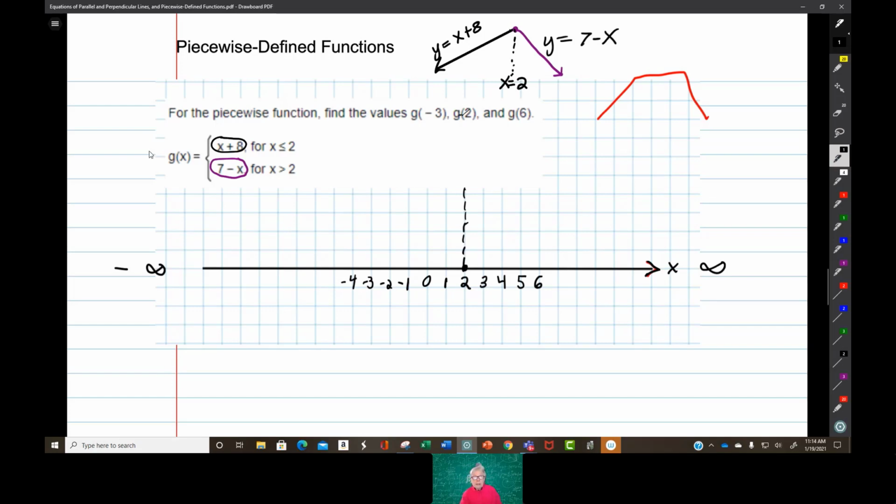This is what this comes down to over here. Over on the left side of 2 and including 2, we have y equals x plus 8. And this includes 2.